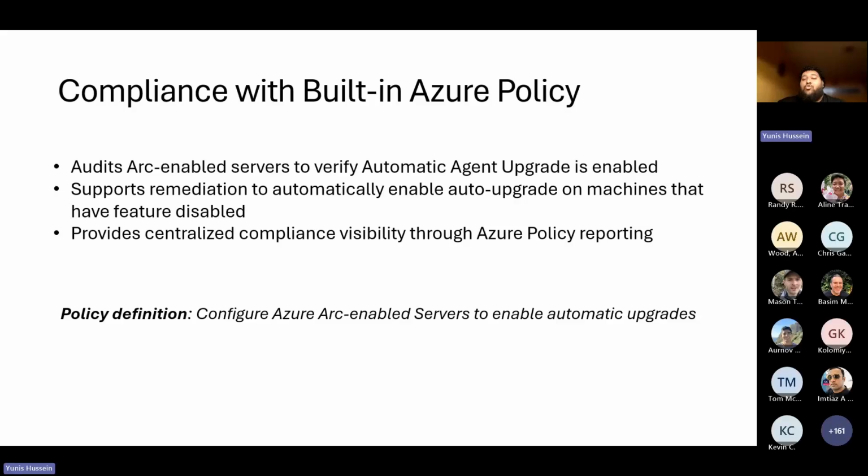This is going to be super helpful for saying, hey, every machine within a given subscription or resource group, let's define this built-in policy and have all these machines enable automatic agent upgrade.